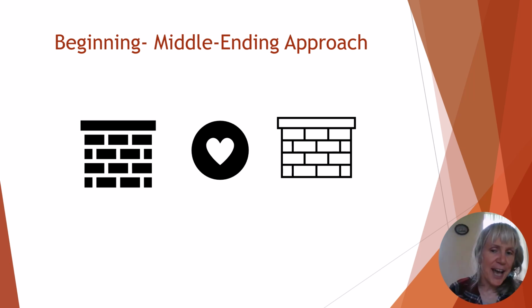So once we have our syllables broken down and we're looking at 1 syllable at a time, we go back to that beginning, middle, ending approach that we used in our word work in the last PowerPoint presentation. Beginning, middle, and ending. So the beginning, we check to see if there is a beginning to our syllable. Our beginning is a consonant wall.